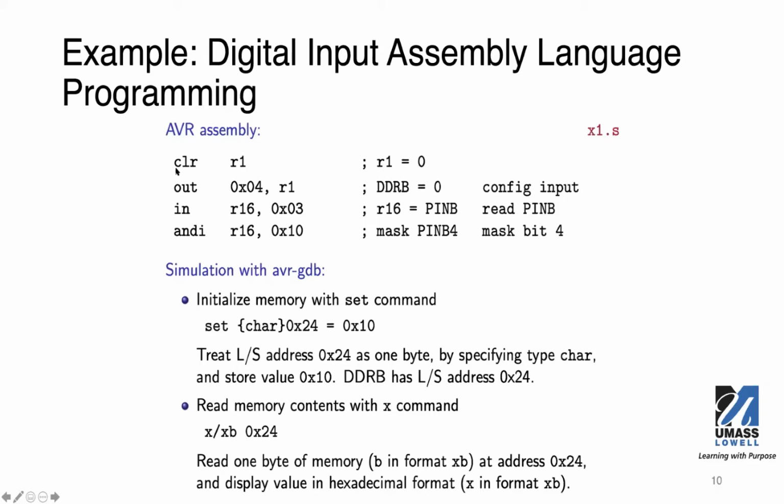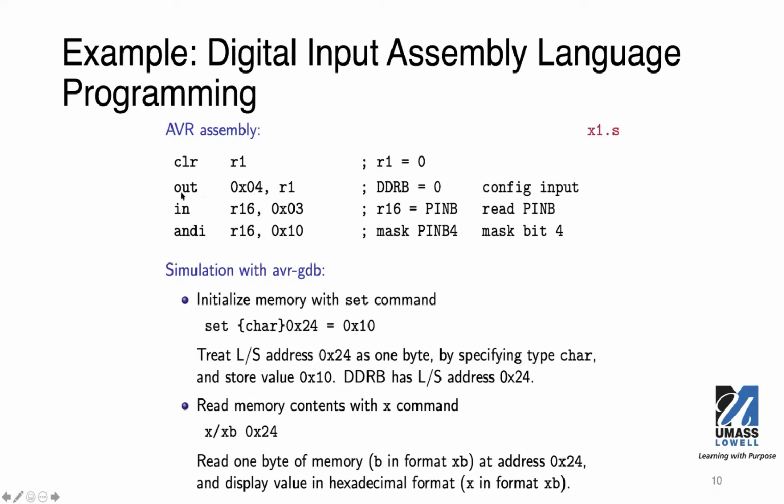First of all, we will clear R1. R1 is one of the general purpose registers. We will just assign 0 to this register. And then the next instruction is an out instruction, 0x04, so hexadecimal 4, R1.